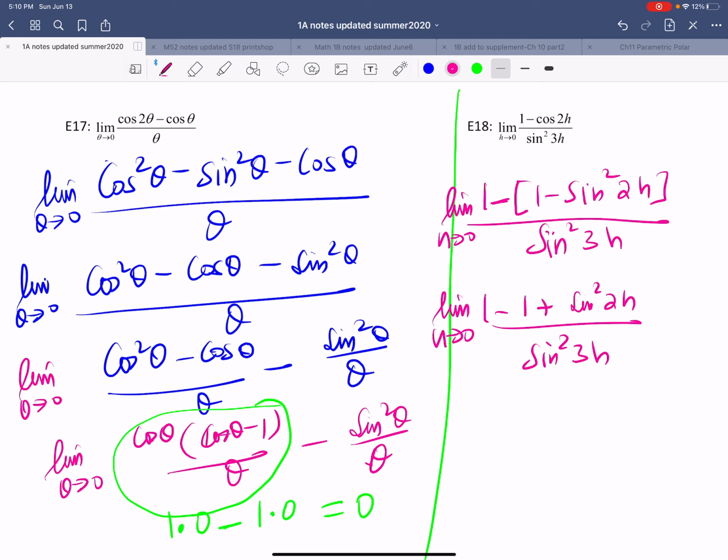Now this has made my life a lot easier because I can just go ahead and cancel, get rid of these two. We can see the limit as h approaches 0 of sine squared 2h over sine squared 3h.